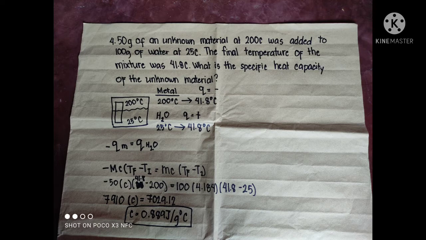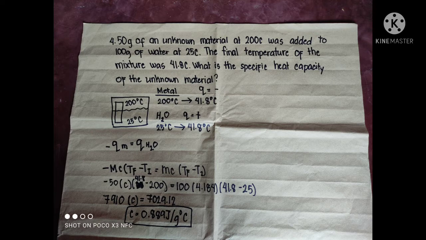On the left, I have 41.8 minus 200, and take the result multiplied by negative 50. On the left, you should have 7,910 times the specific heat capacity. On the right, we have 41.8 minus 25, so it's 16.8, and then multiplied by 4.184 times 100, and you should get 7,029.12.